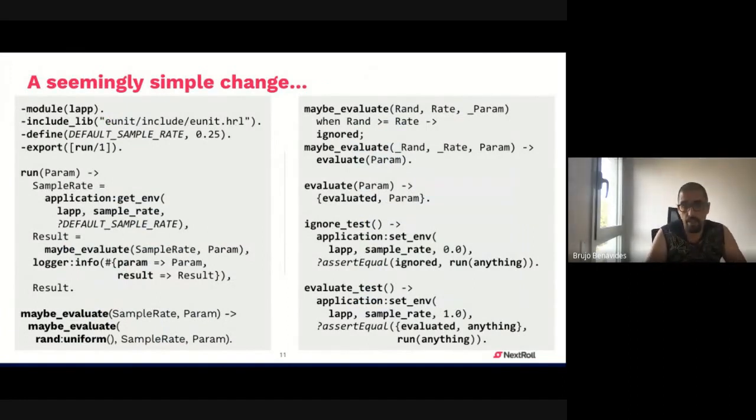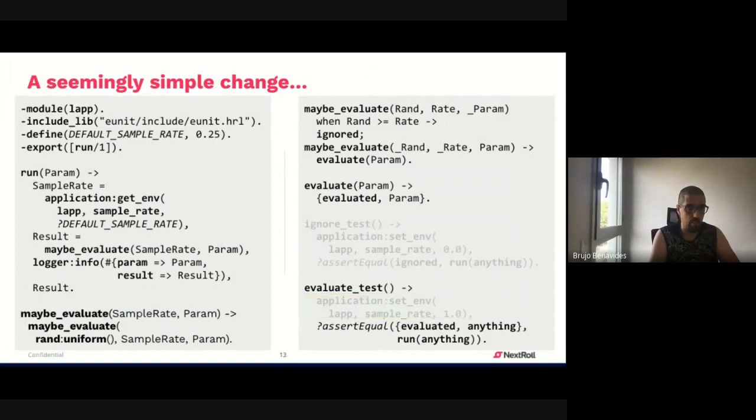And the initial thing to do, of course, is to adjust the tests. So we remove the test for ignoring, because now it will always be 100%. It will always evaluate. And we remove the setting of the sample rate in the evaluate test, because it's not needed anymore. We are left with code that fails sometimes, depending on the random value in maybe evaluate.